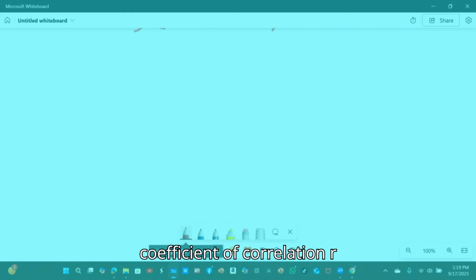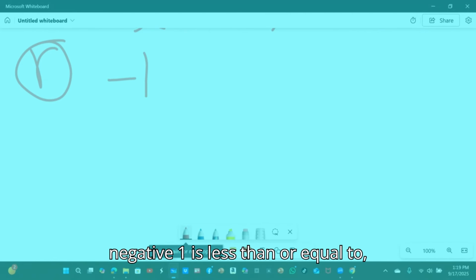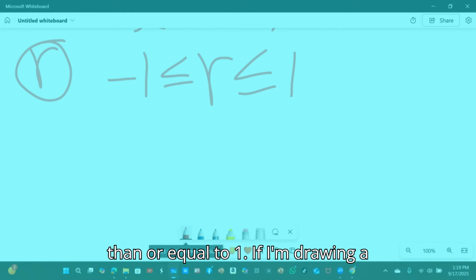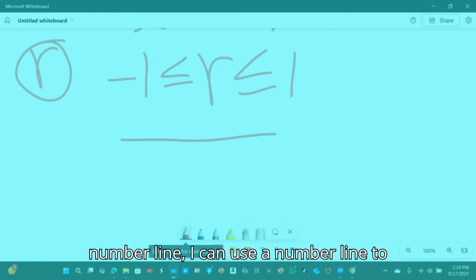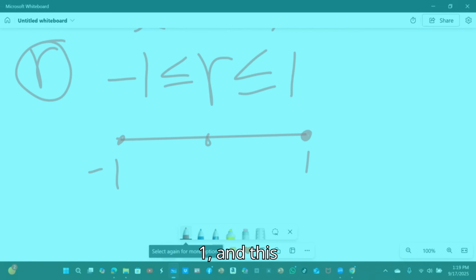So the coefficient of correlation R can be between -1 and 1: -1 is less than or equal to R, which is less than or equal to 1. I can use a number line to denote the coefficient of correlation. So this is 1, this is -1, and this is 0.